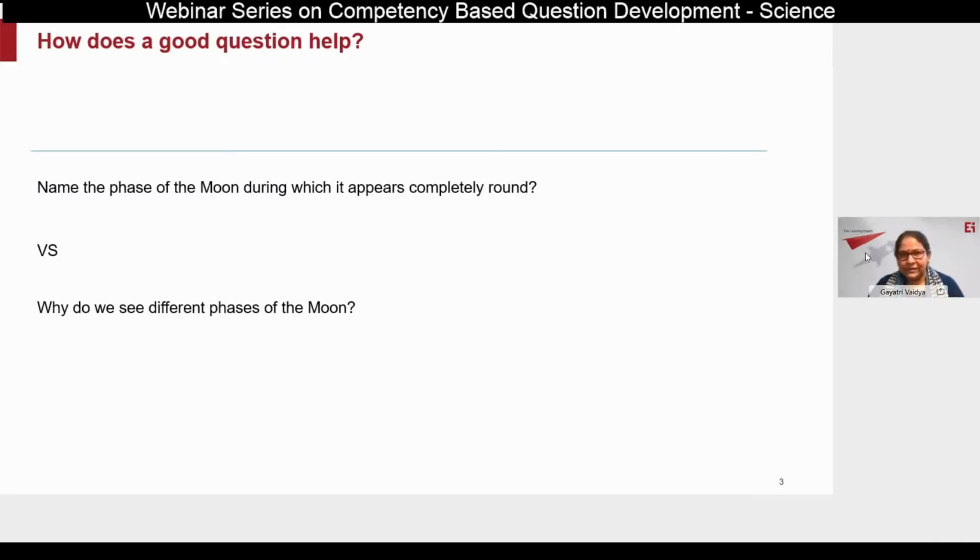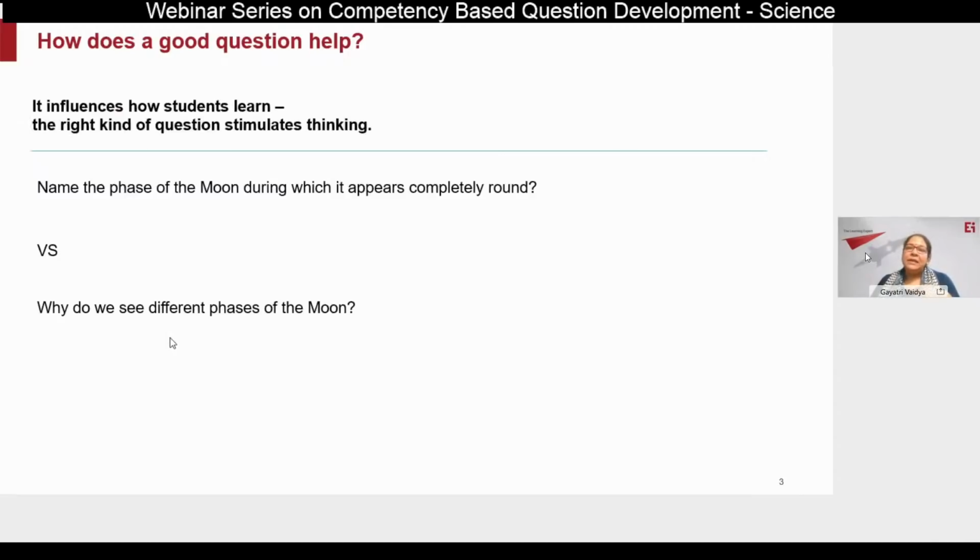When I move to the second question, which is based on the same concept of phases of the moon, just the way the question is framed, asking the reason why phases occur, focuses on the learning that the student must have had. Even when the student tries to write the answer, there is a lot of thinking stimulation that goes in.